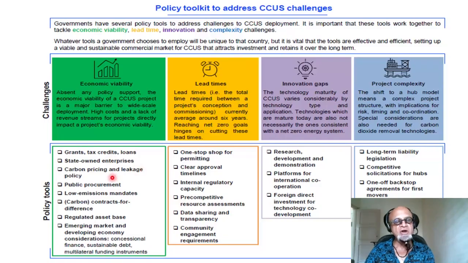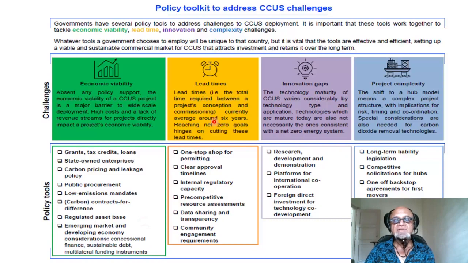Again, needs a revenue model. Carbon pricing and leakage policy, public procurement, low emission mandates, carbon contracts for difference, regulated asset base, emerging market and developing economy considerations, so concessional finance, sustainable debt, multilateral funding, investment instruments, and so on.